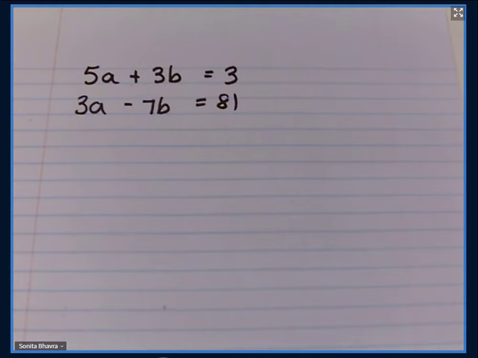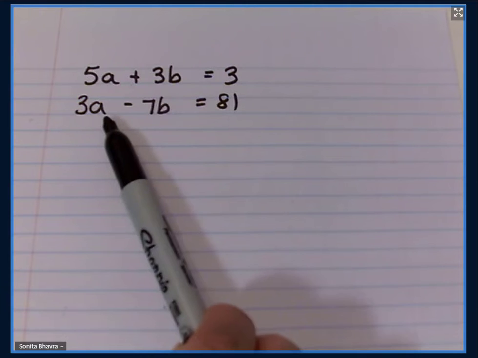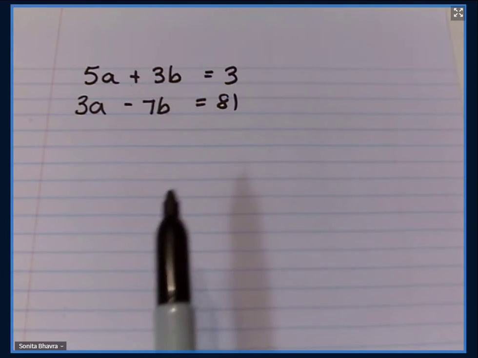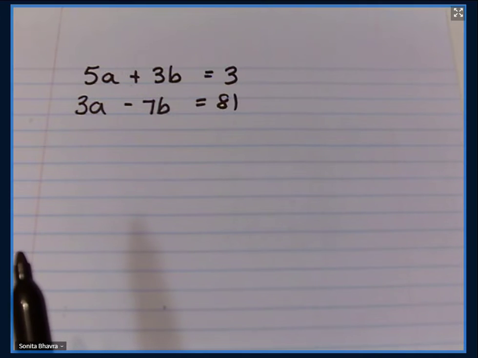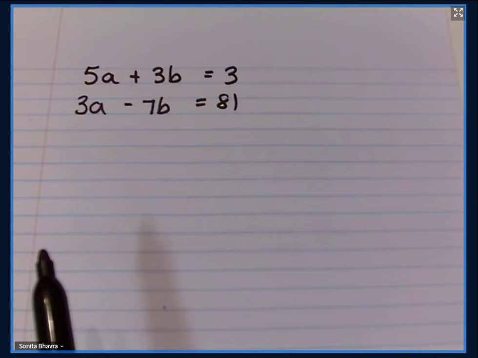Okay, so our next set of equations, we have 5a plus 3b equals 3, and 3a minus 7b equals 81. We can't eliminate either variable, so in this type of question, we have to multiply both equations.